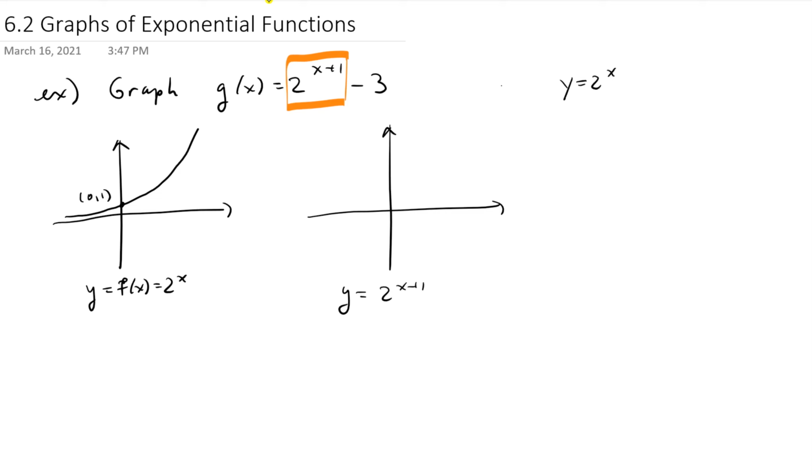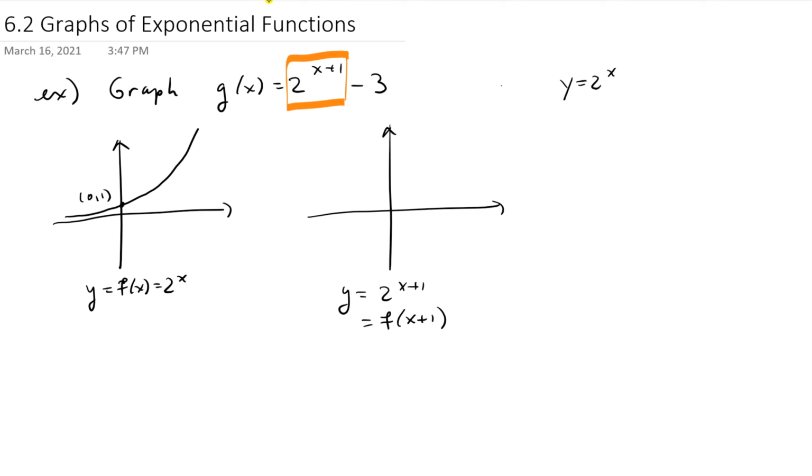Is this f of x plus something? It's definitely not f of x plus 1. f of x plus 1 would be 2 to the x plus 1. So that's not what we have here. Here we have that x was replaced by x plus 1. That should give away the fact that it's a composition of our original function with x plus 1. So in other words, this is f of x plus 1.